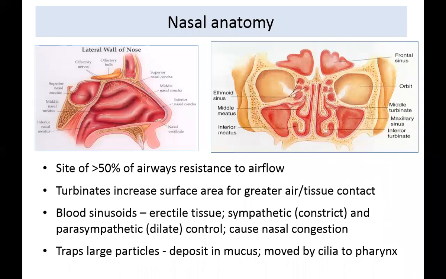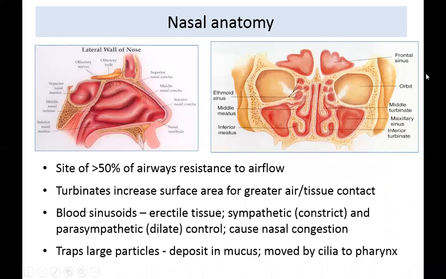One is the genitalia and the other is the nose. And these sinusoids can expand, they can constrict, and when they expand, that's when you get nasal congestion, because they swell the tissue and block the passageways.